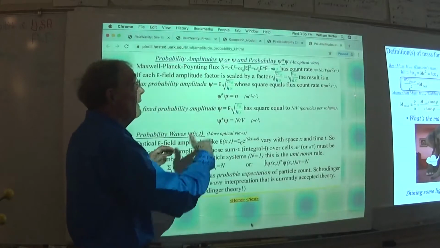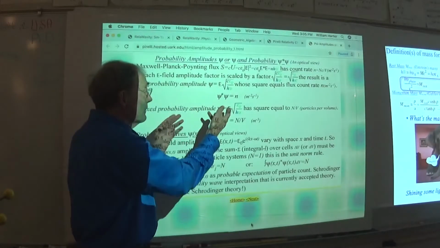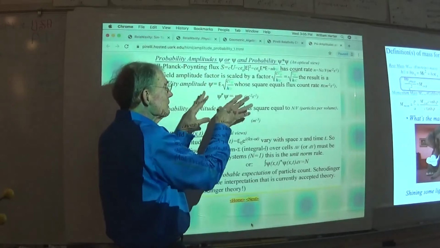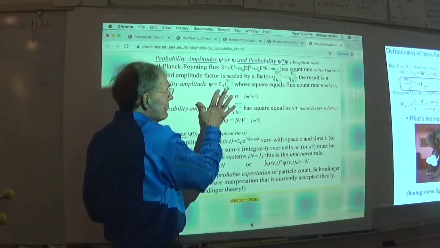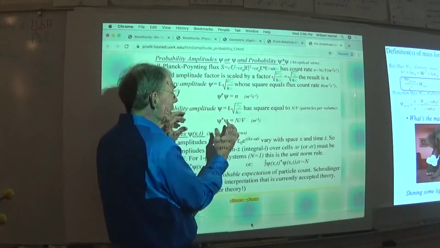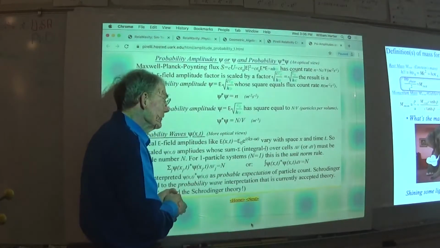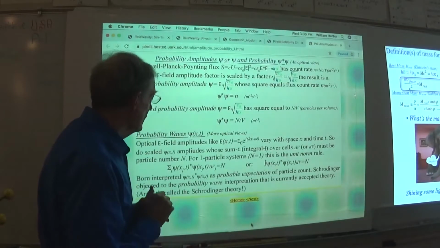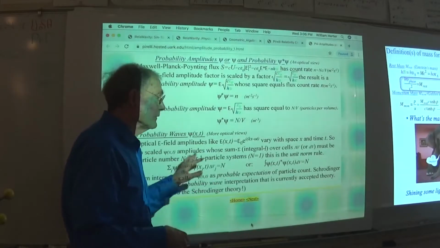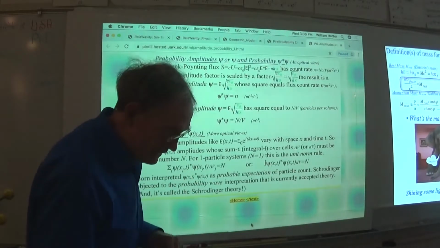It's going to be a square of the E's, what we call psi star psi. When it's a moving flux like a waveguide, I tip the psi over as though it's moving. If it's a box that's just sitting there, I make it a psi that's not scripted, not italicized. And then it's just a question of how you count up all of these things.